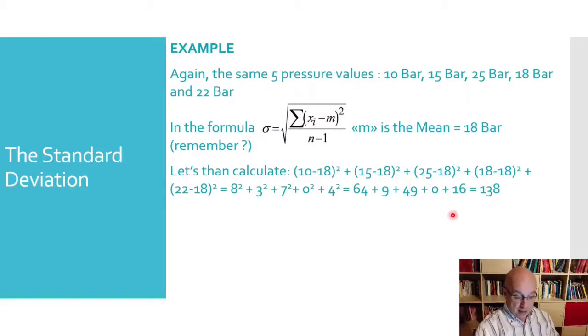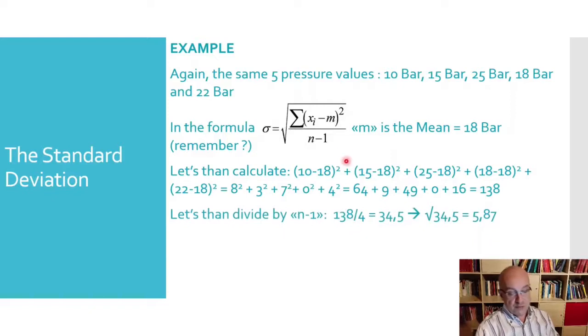Okay, let's go on with the example. We have to divide by the denominator, which is n minus 1, but the terms are 5, so n is 5. 5 minus 1 is 4, so we have to divide 138 by 4, and we get 34.5.